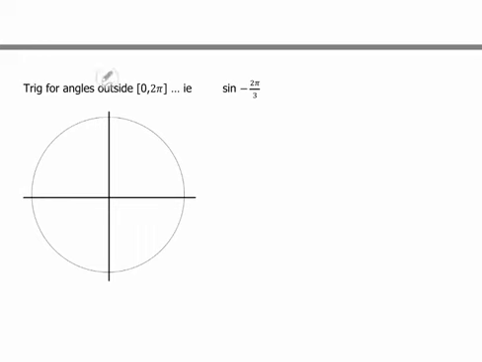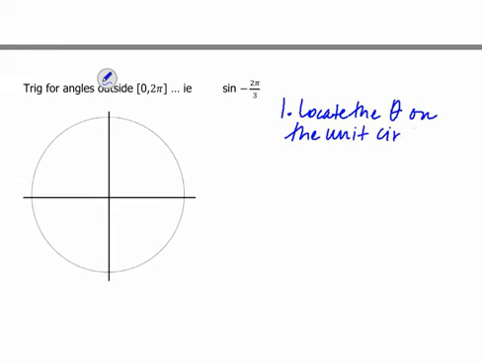Well, again, just like I told y'all earlier, it's kind of like a 3-step process. You're going to first locate the angle on the unit circle. Then you're going to draw one of your right triangles, or if it's one of the extreme values, you can write the coordinates on the circle.